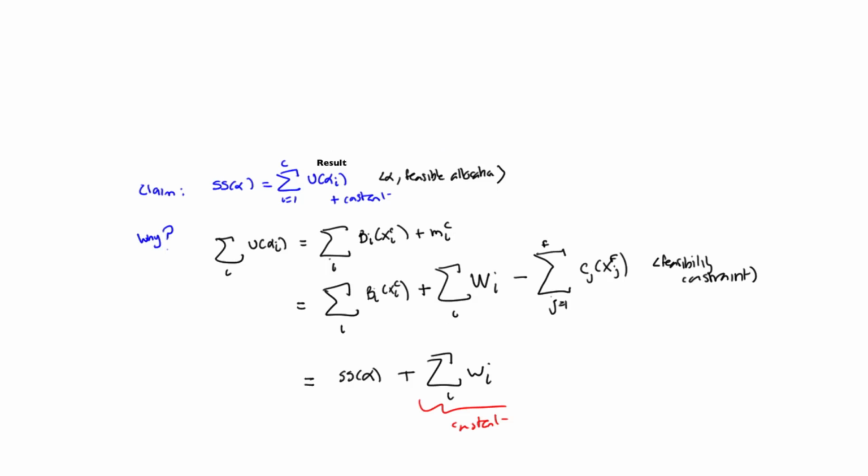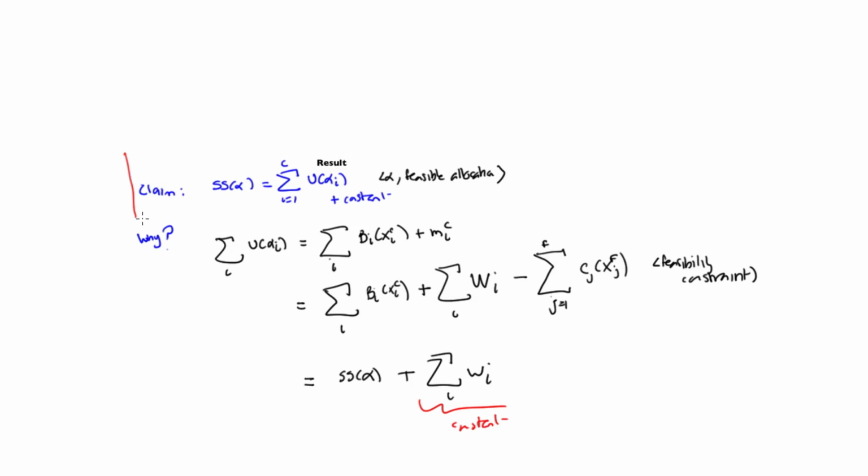Now, several quick remarks about this result. First is that the constant is not just any arbitrary constant, it's actually the sum of the endowments or wealths of good M that all consumers in the economy have. Notice that that number is a constant because it doesn't change as you change the allocation in the market. The second is, notice what this is telling us.